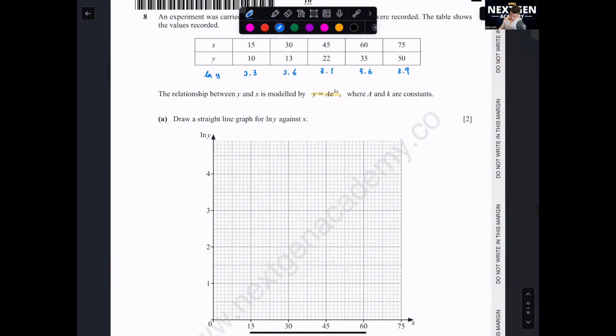So now let's plot the points for x and ln y. First one, 15, 2.3. 2.3 is here. Write it in red color.